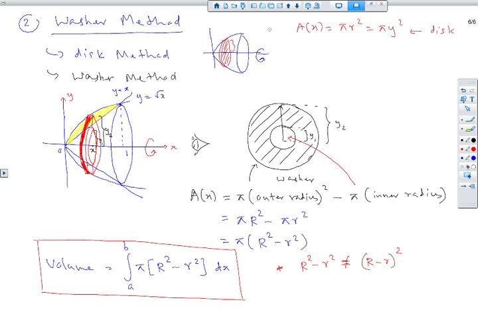Okay, so the first one, I think this is example number 4 if I continue from the previous section.